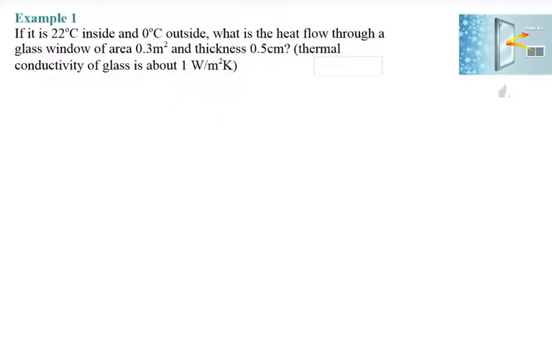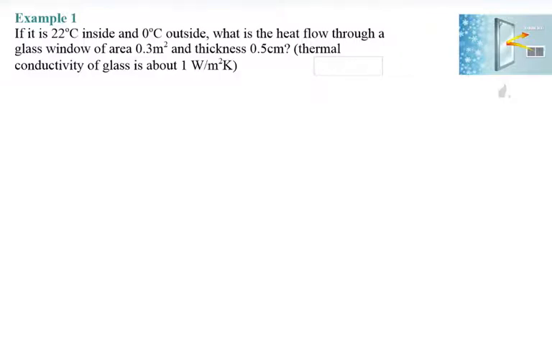Let's look at this example. If it is 22 degrees Celsius inside and 0 degrees Celsius outside, what is the heat flow through a glass window of area 0.3 meters squared and thickness of 0.5 centimeters? The thermal conductivity of glass is about 1 watt per meter Kelvin.